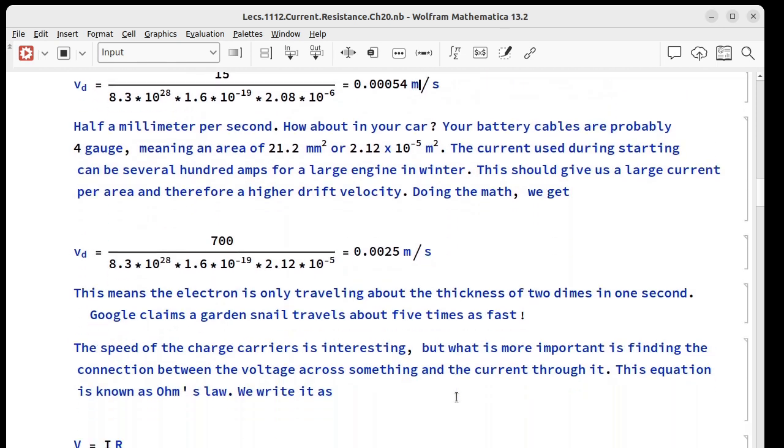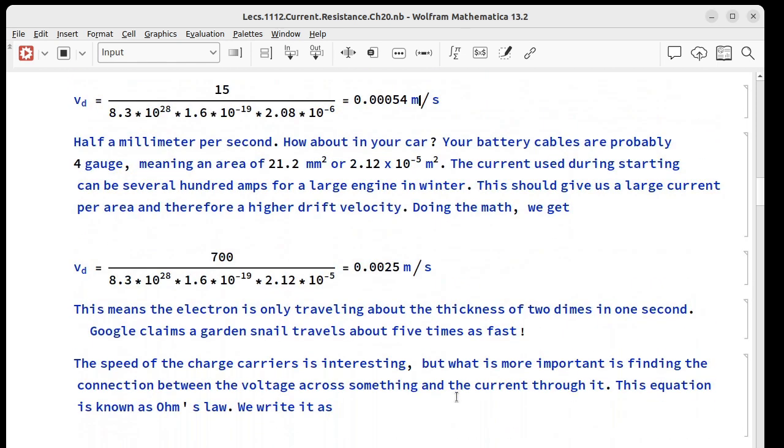If we go out to your car, when your car is starting, your battery cables are probably 4 gauge, meaning an area of 2.1 times 10 to the negative 5 square meters. If we have a large engine we're trying to start in winter, the current could be several hundred amps. This will give us a large current per area, and therefore a higher drift velocity.